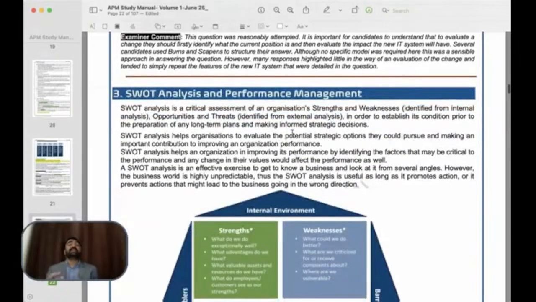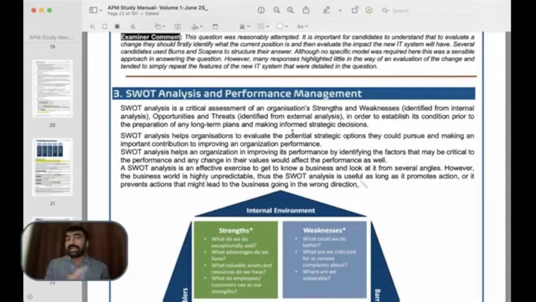Okay, our next model is called SWOT analysis. SWOT analysis, the both models that we have covered already, the PESTEL and the 5 forces, you can fit SWOT in both of them, because SWOT is about analyzing strengths, weaknesses, opportunities, and threats of the organization.